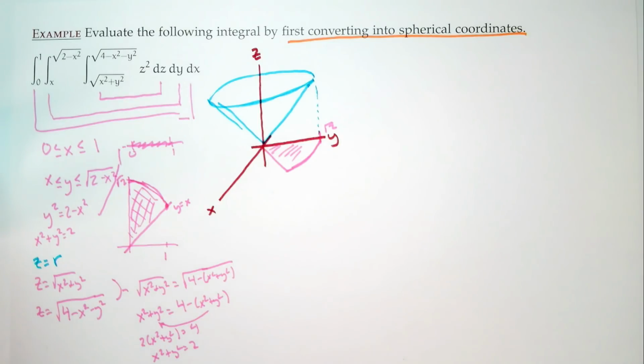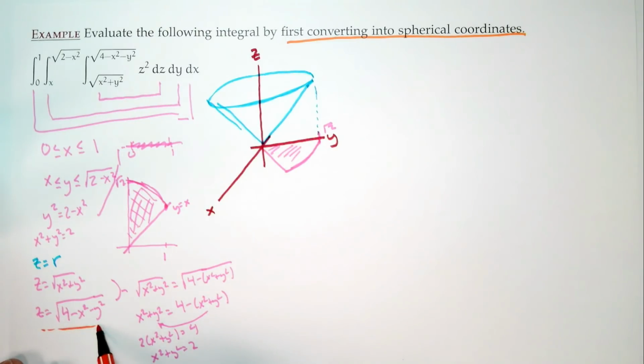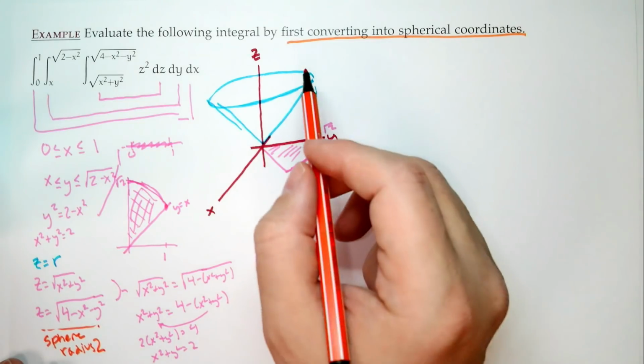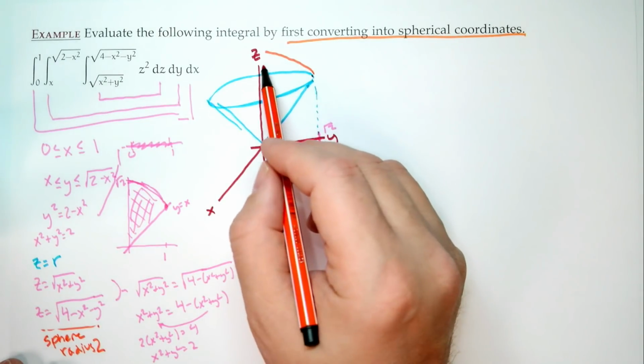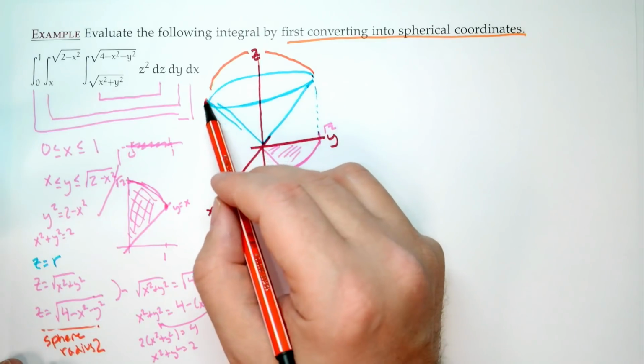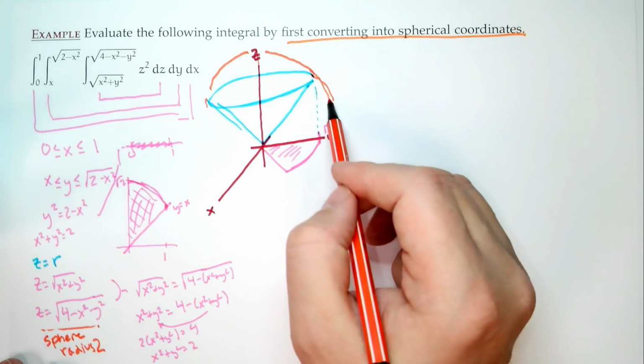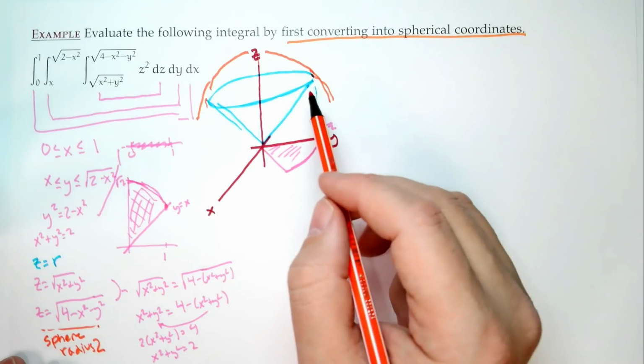Now, the other thing is this other surface, z equals square root of 4 minus x squared minus y squared. This is a sphere. If you square both sides and move it around, it's a sphere with radius 2. So what you have now is a sphere with radius 2. So it's coming up, and of course it extends down, but we just need the part above.